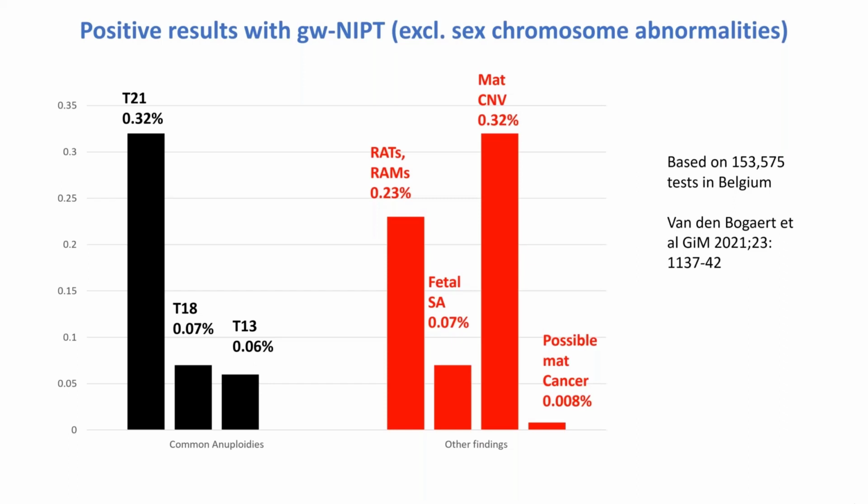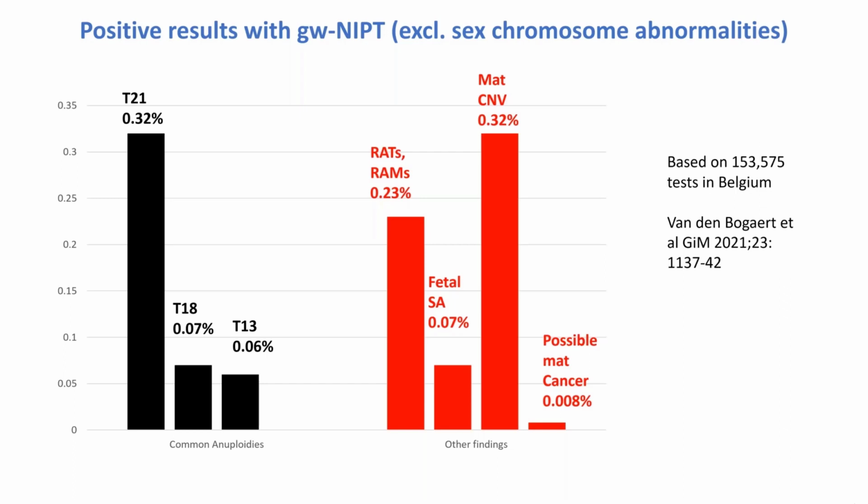So what happens if we apply a genome-wide NIPT test? I'm not going to talk about sex chromosome abnormalities today. I'm just going to talk about the things that are picked up by this genome-wide NIPT, and cross-reference that to the things we do know about, which is trisomy 21, 18, and 13. If you apply NIPT for chromosomes 21, 18, and 13, as you know, these tests are pretty good.